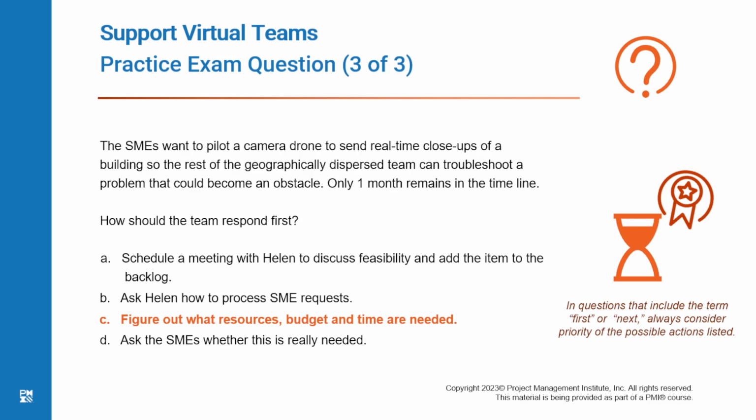And we have only 1 month remaining. How should the team respond? Schedule a meeting with the product owner to discuss feasibility and add items to the backlog. Ask Helen to proceed to process the request. Ask the SMEs whether this is really needed.